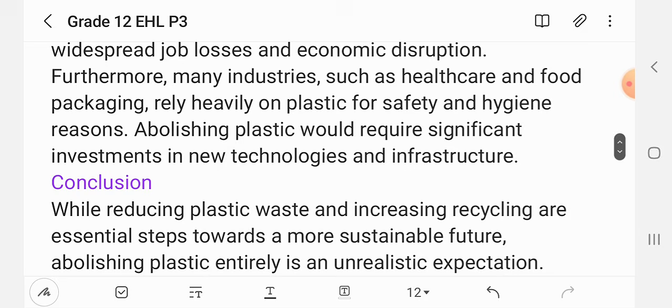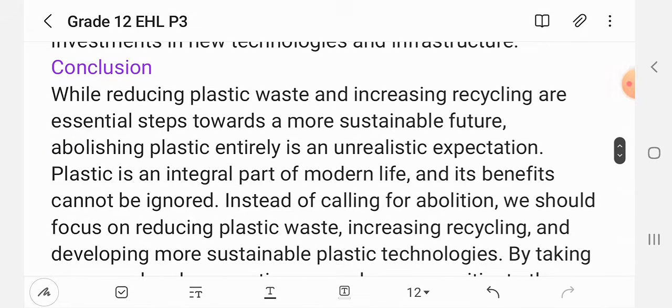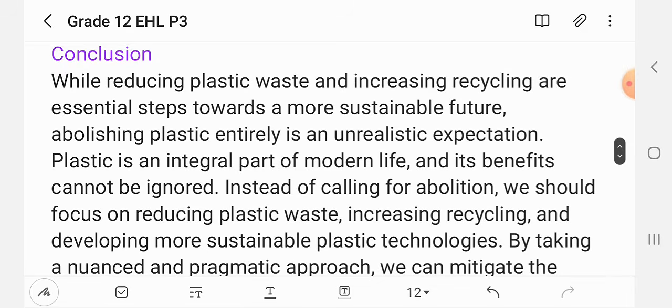Abolishing plastic would require significant investment in new technologies and infrastructure. You have persuaded someone that really plastic cannot be abolished entirely. It's not realistic, because even other things that people want to use to replace plastic, they still have their own negative outcomes.